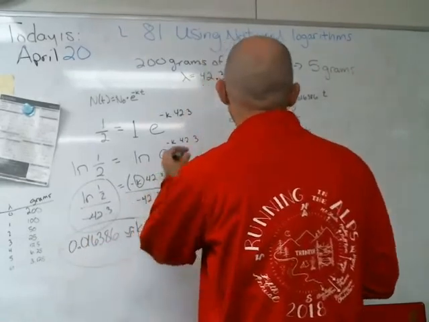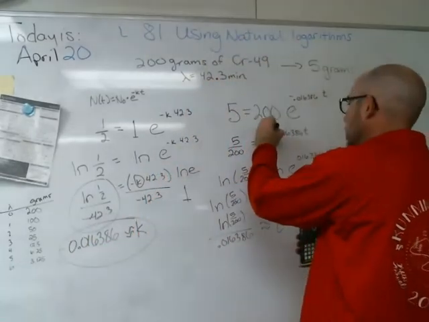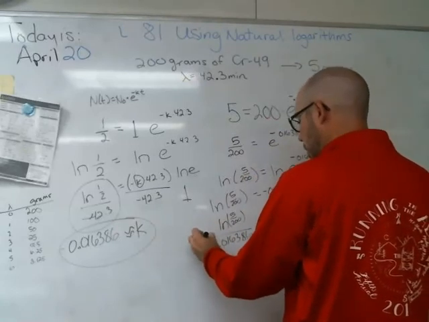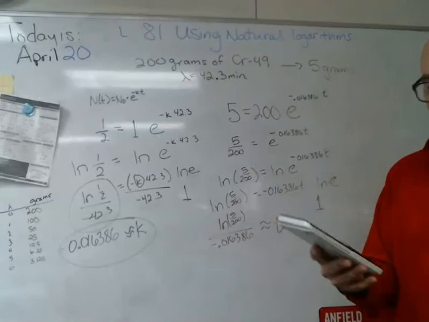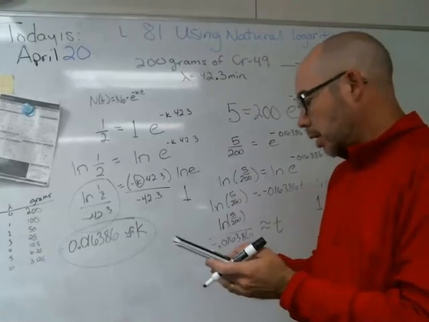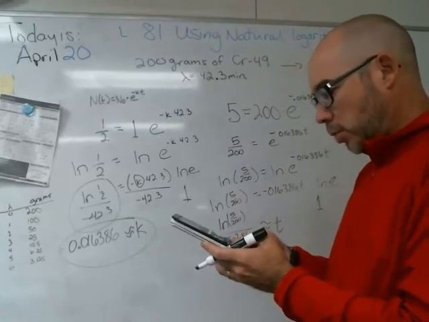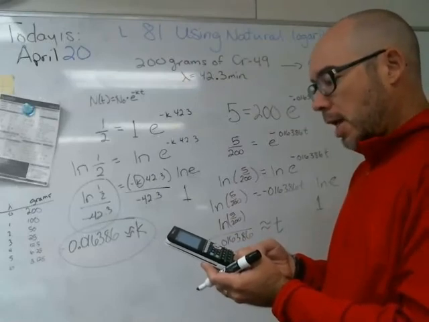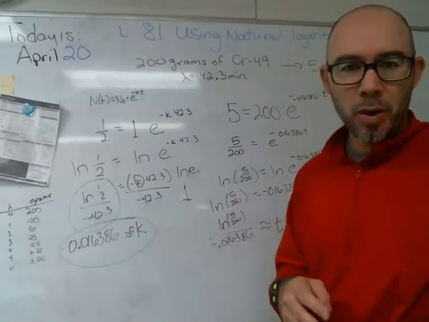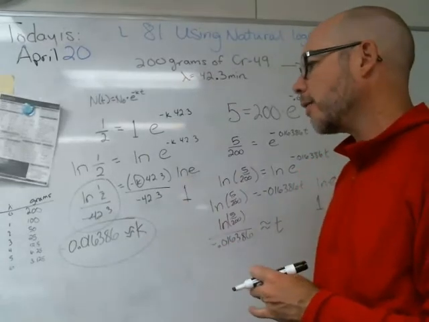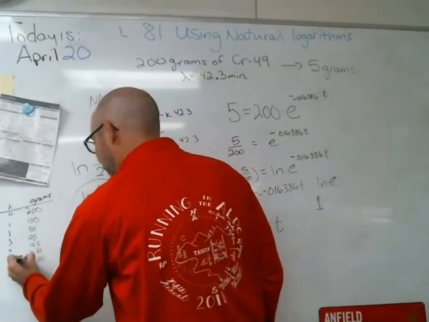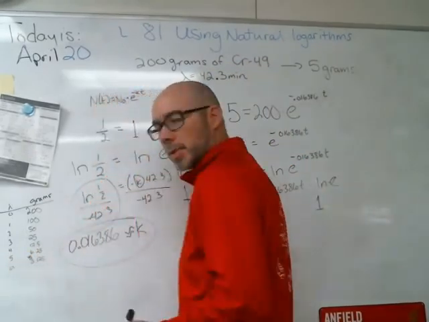Okay, so I get approximately 225 minutes. Well, let me divide that by that 42.3. It should be somewhere between 5 and 6, right? 5.32. So I went through 5.32 half-lives in order to get down to exactly 5 grams.